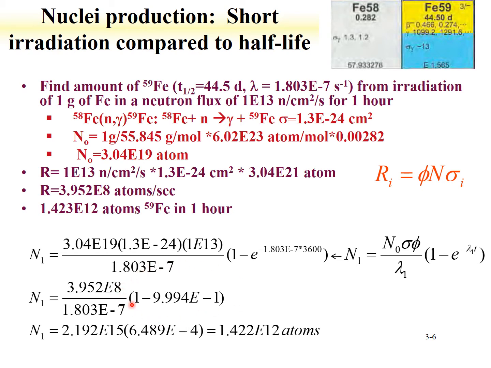It says what percentage of the material is available. And what we get is a value that's shown here. We get 1.4 times 10 to the 12th atoms. And you need to go down to the 4th significant digit in order to see a difference.